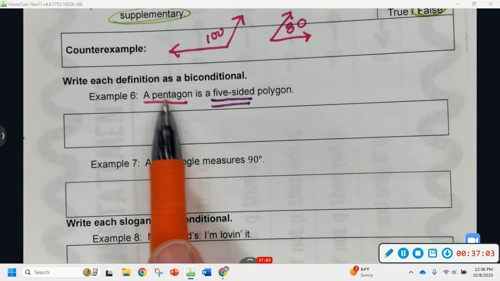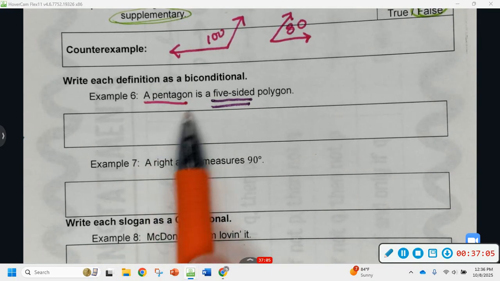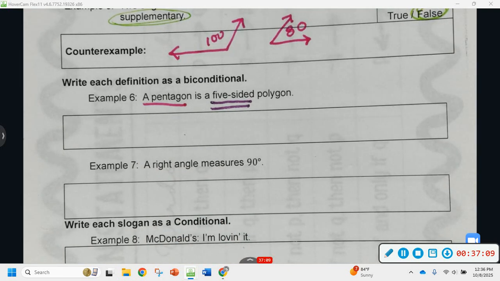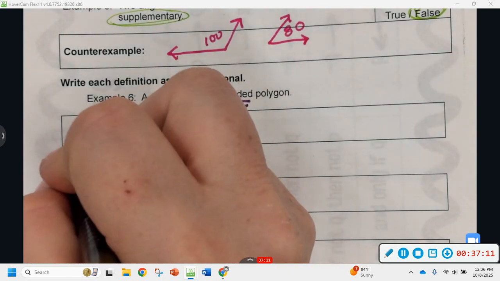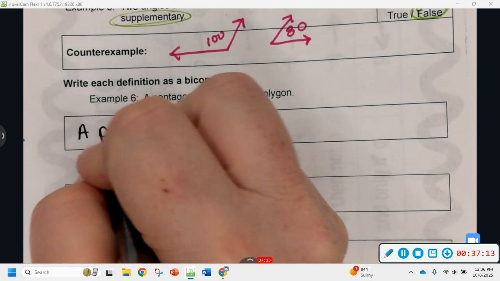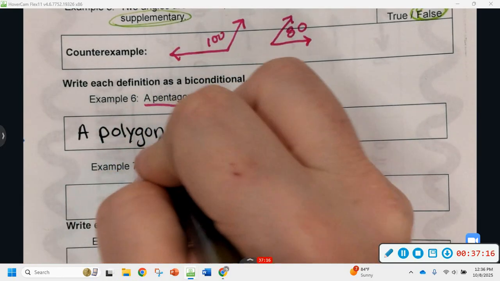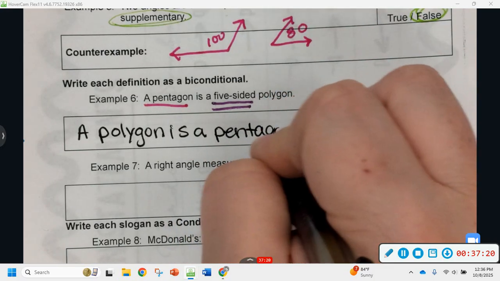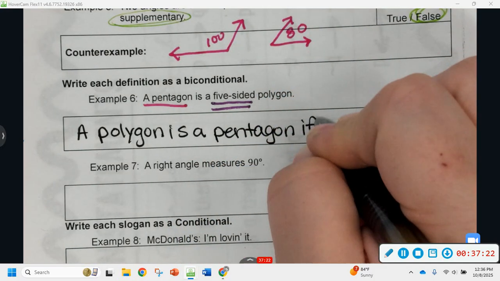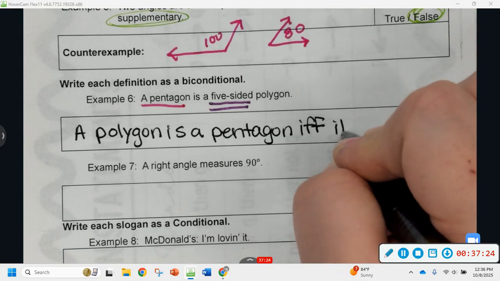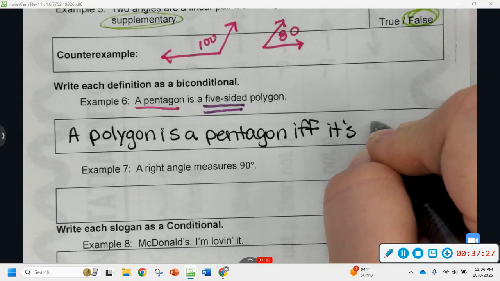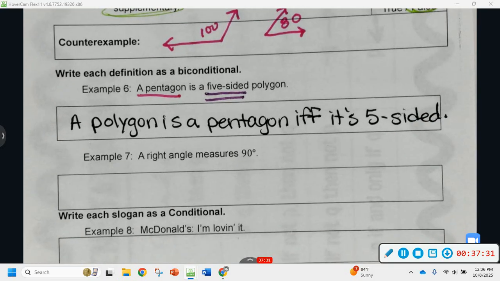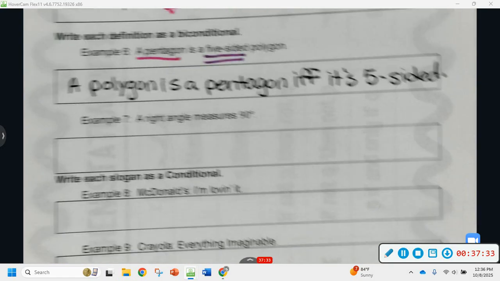We have to first talk about that noun being a pentagon. So I'm going to say a polygon is a pentagon if and only if it's 5-sided, or if and only if it has 5 sides.